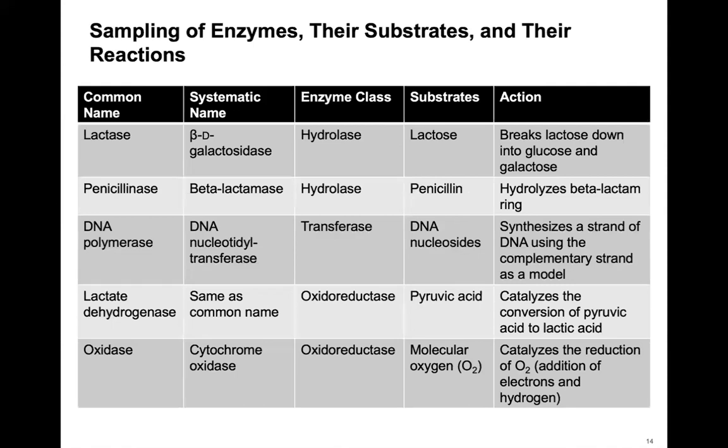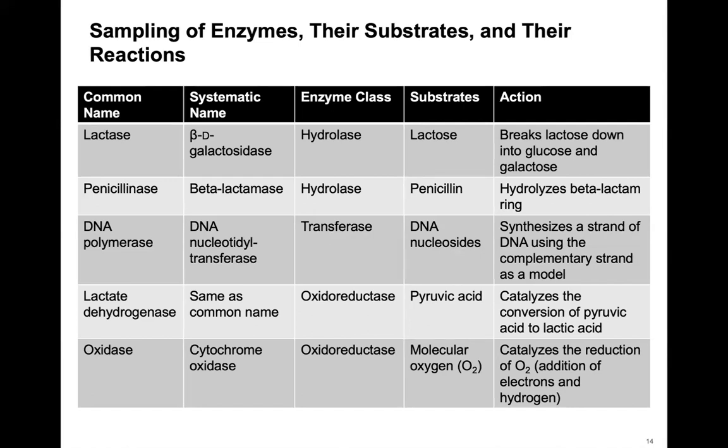Here are some sample enzymes, their substrates, and their reactions. For example, lactase will hydrolyze lactose, which means that it is breaking lactose down into glucose and galactose. Glucose will then go on to be oxidized and catabolized even further.